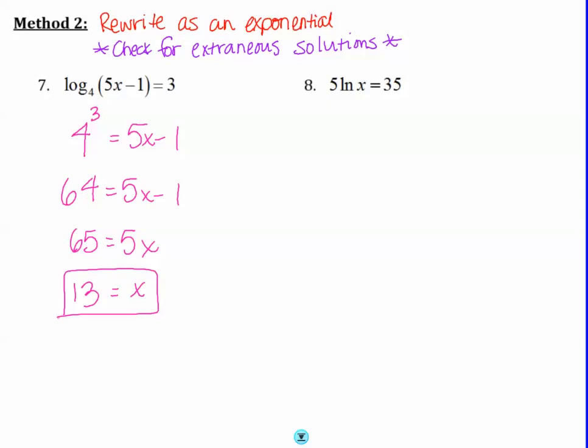On number 8, I first need to isolate the log, so I need to divide both sides by 5. Then I can rewrite natural log as log base e. So I end up with e to the 7th equals x when I convert it to be an exponential. And you can leave it like that because that'll be a fairly large number.